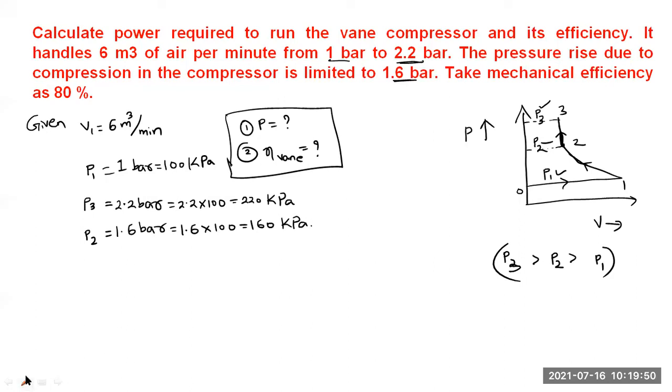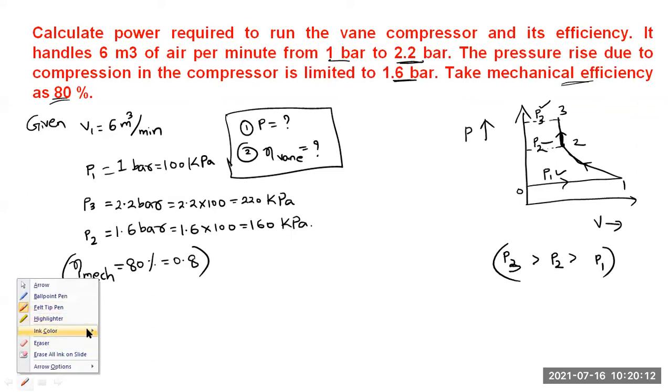Okay. So this much we have got, and one more thing is given, that is the mechanical efficiency is 80%. Mechanical efficiency equal to 80%, and 80% means it is 0.8. So this much was given in the question.